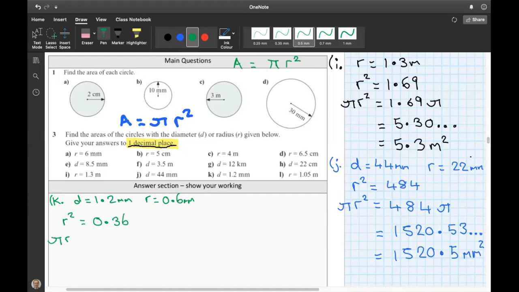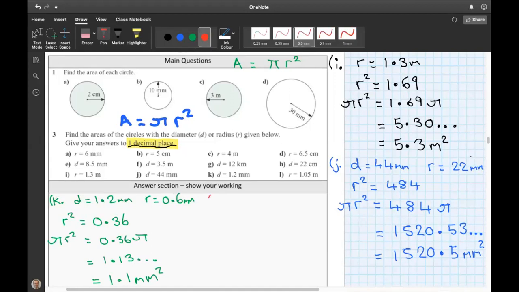So pi r squared is going to be 0.36 pi. Its numerical value is going to be 1.13... Round that to 1 decimal place, and we get 1.1. Our units initially for the diameter were millimeters, so our area will be millimeters squared.